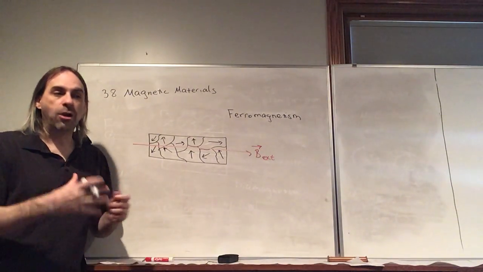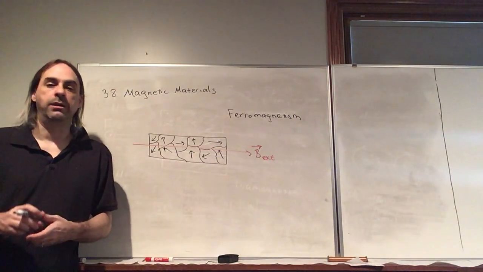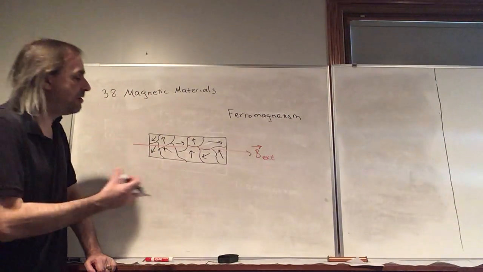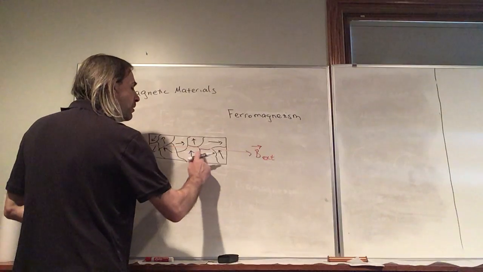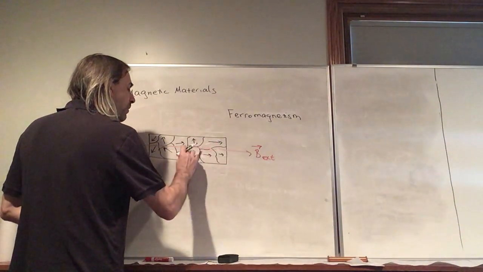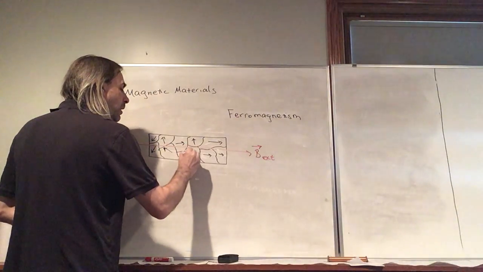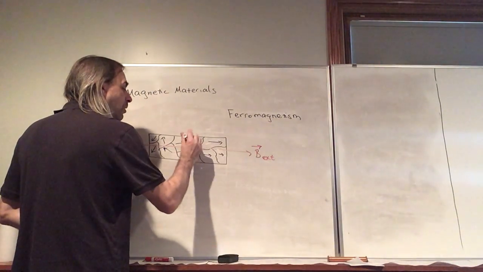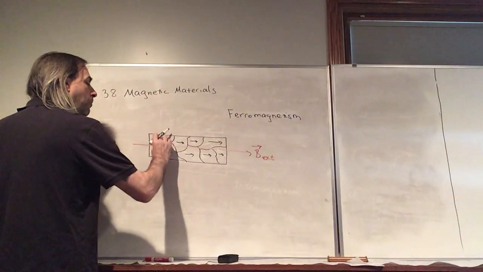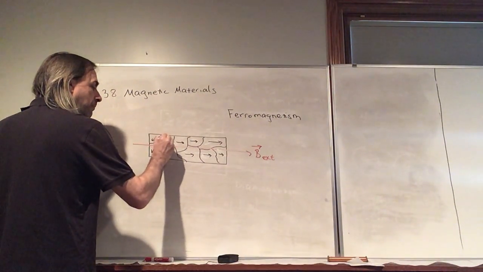So the entire domain does it almost instantly. They all flip together. And you keep increasing the external field and you get more of these domains flipping around to line up with the external field until we get what's called saturation, where all the domains are lined up with the external field.